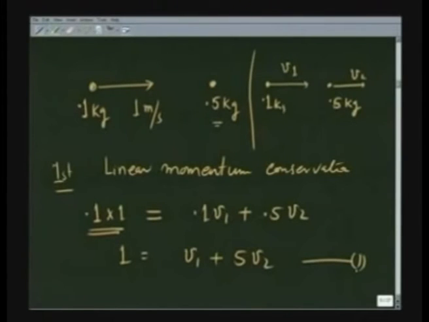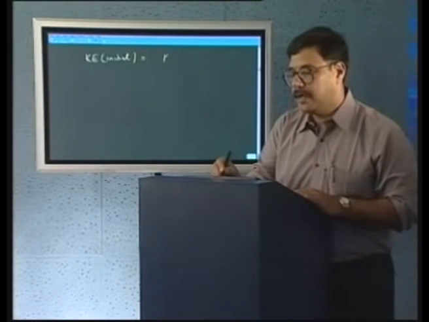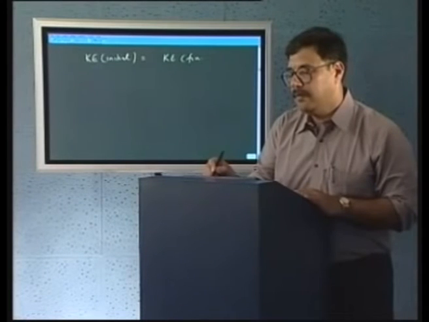Since there is no external force, the potential energy remains the same. The kinetic energy should remain the same if we assume the collision to be elastic, and therefore KE initial is equal to KE final.